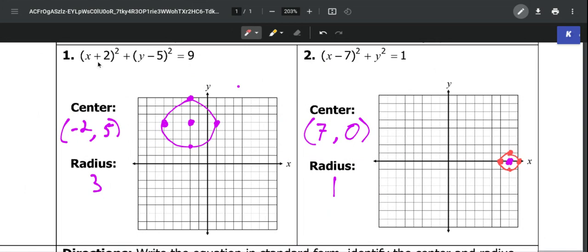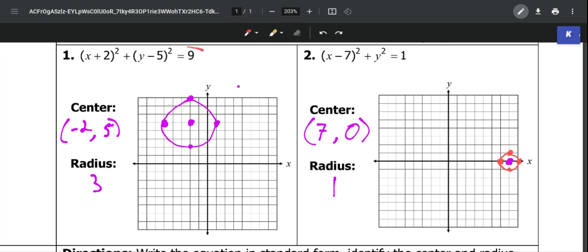You're going to figure out what the center is, and it's given to you in your equation. All you've got to do is pull out h and k, and that's your center, but you have to flip the sign. And then, like in number 2, if h or k aren't written there for you, and it just has y squared or x squared, that means the coordinate for that is just 0.